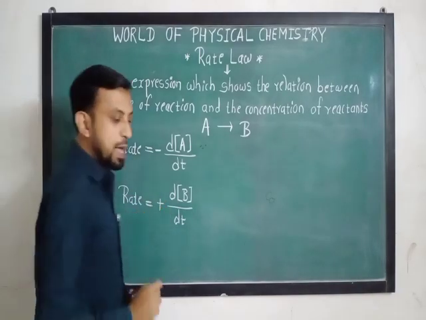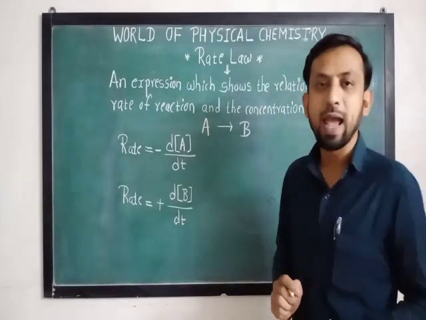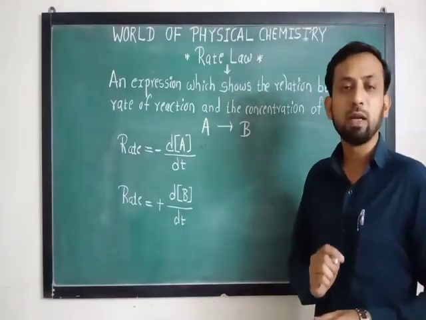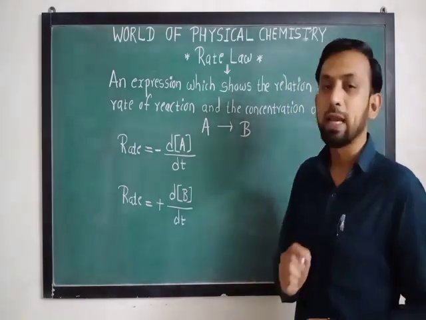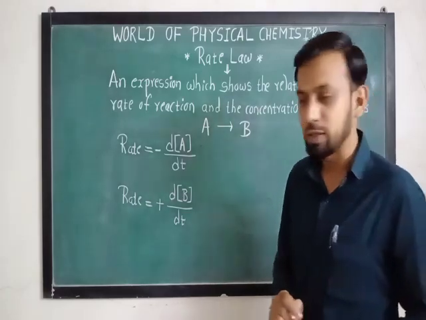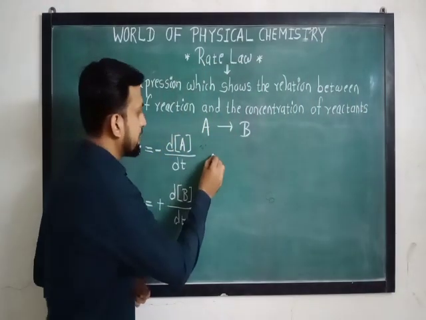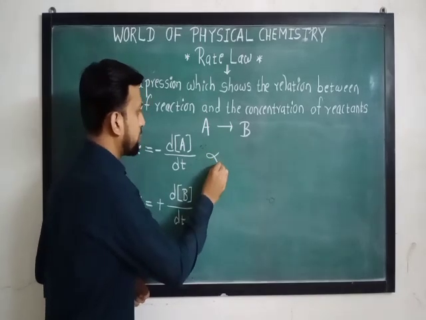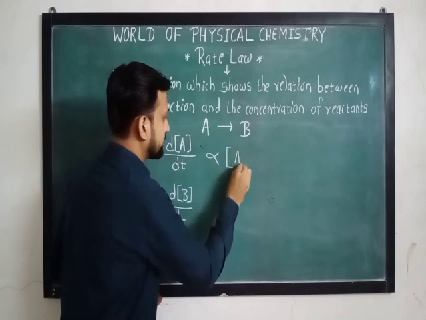This is rate. By the study of numerous chemical reactions, it is experimentally found that the rate of reaction is directly proportional to the concentration of reactants. Therefore, for both these expressions, we can say that rate is directly proportional to concentration of reactant.